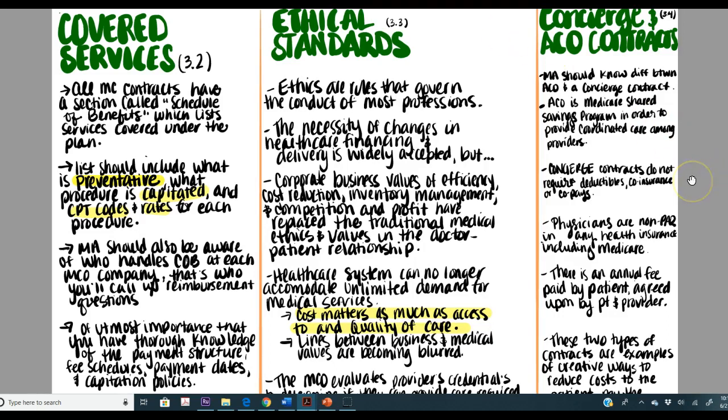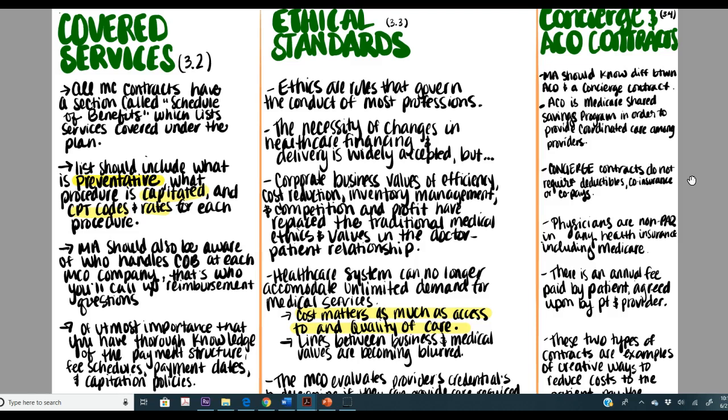The ACO contract is a Medicare shared savings program, and it is in place in order to provide coordinated care among providers. The Concierge contracts do not require deductibles, coinsurance, or copays. And both of these have physicians that are non-participating in any health insurance, including Medicare.